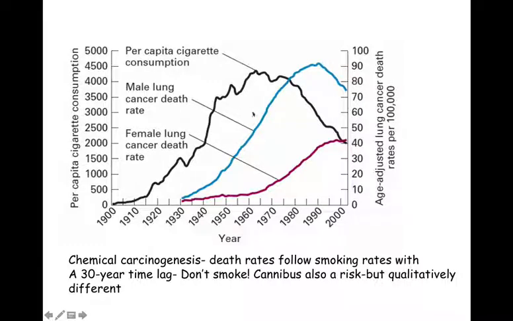Because that's about the time lag here, you can see that the female lung cancer death rate is following that. It's going to peak probably in the 2010s, and it's going down in the U.S.